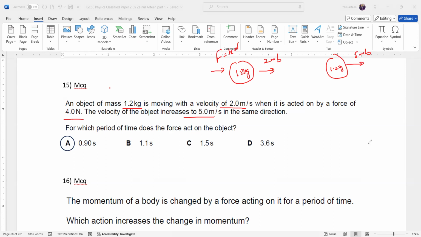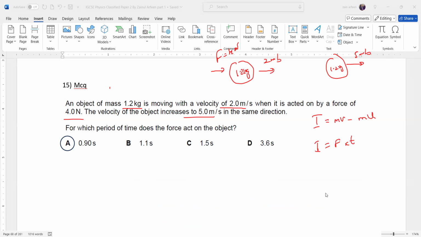So this is a similar question as we did in question 13. We have the impulse mv minus mu, and we also have the impulse F into t. So we can compare these two values. So F into t will be equal to mv minus mu.